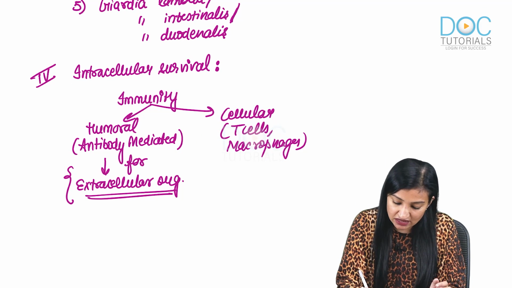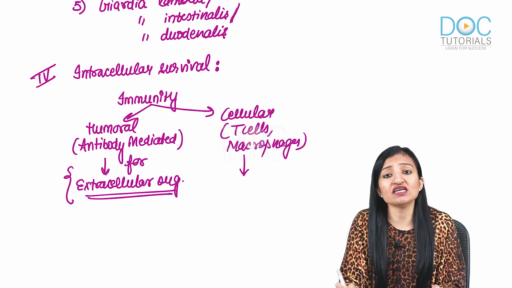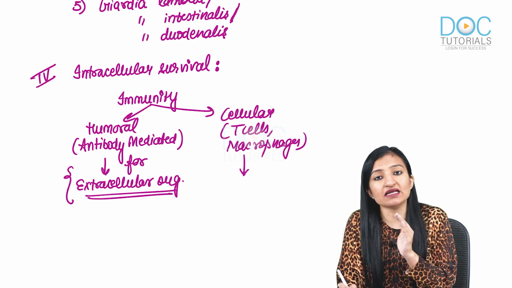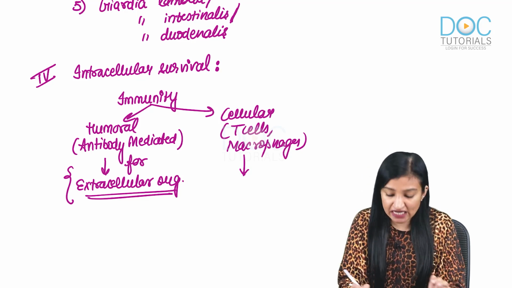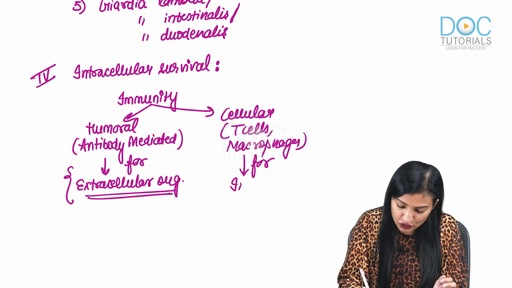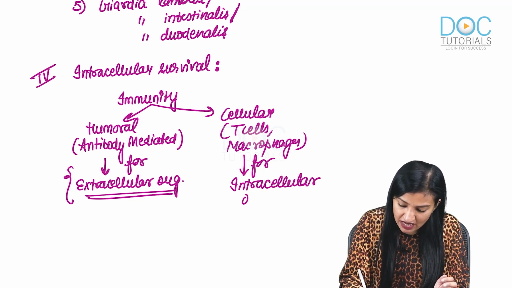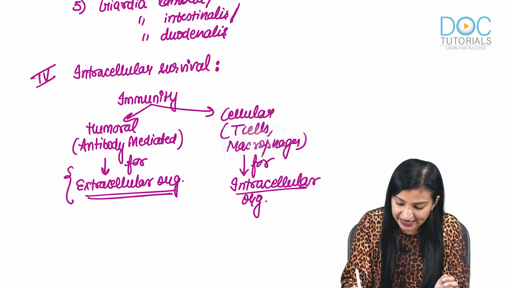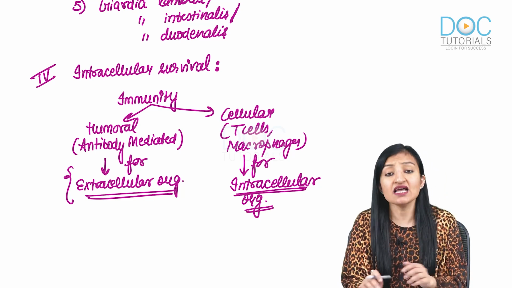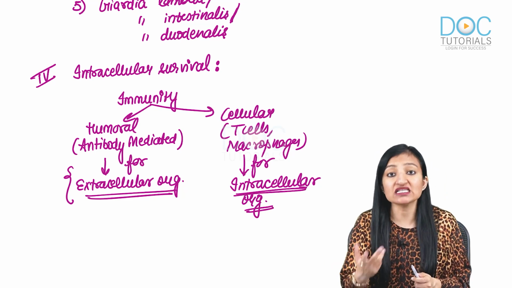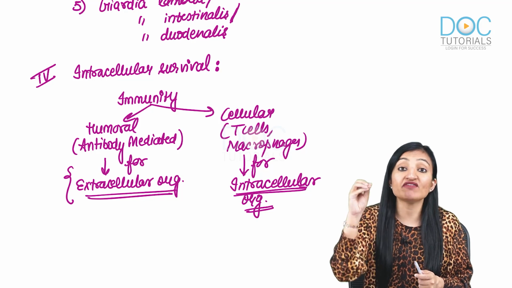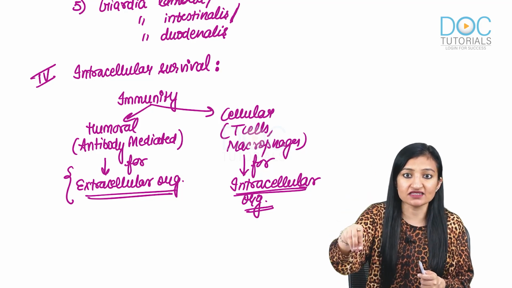Whereas on the other hand, we also need cell mediated immunity, or cellular immunity, for intracellular organisms. Because once an organism has gained entry inside a host cell, antibodies become useless, because antibodies are not going to invade the host cell to reach the intracellular organism.